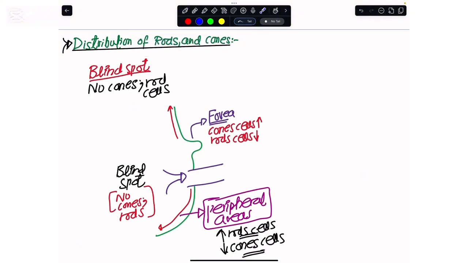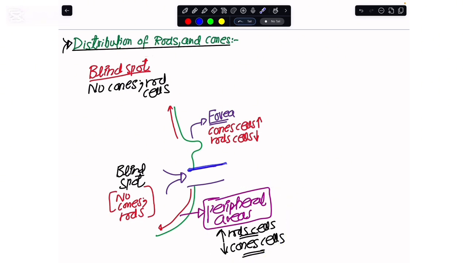In the fovea, we have a greater number of cones and fewer rods. The more we move toward the periphery of the retina, away from the fovea, the more rods and fewer cones we have.